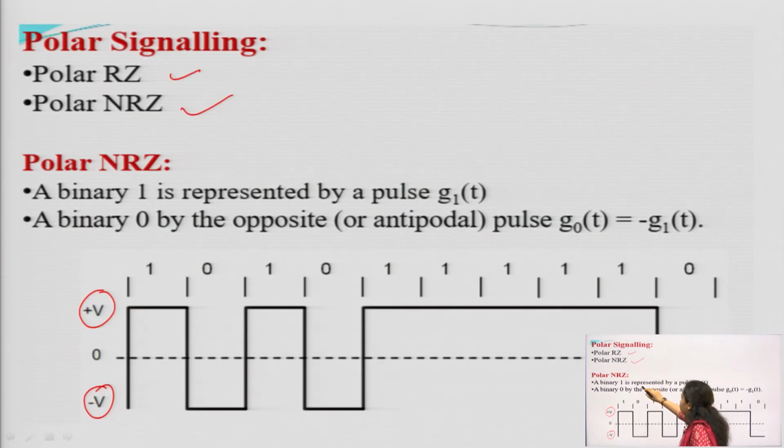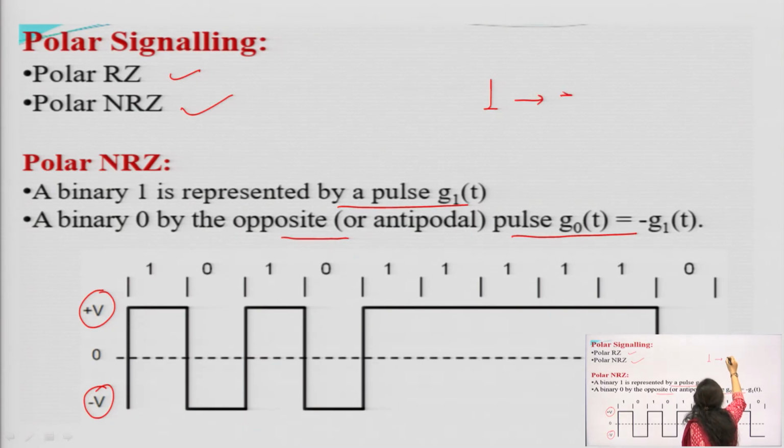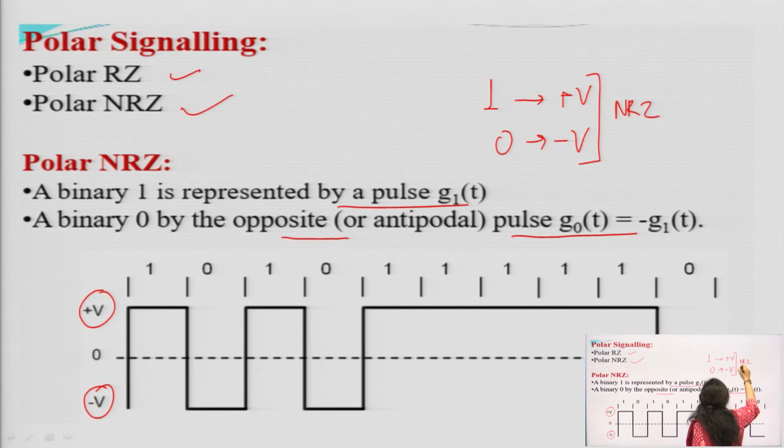A binary one is represented by a pulse, and binary 0 is represented by the opposite pulse, that is from minus. So, 1 will be represented as plus V and 0 will be represented as minus V. That is the case for NRZ, meaning for the full bit duration this criteria has to be followed. So, this is how the polar signaling will be done.